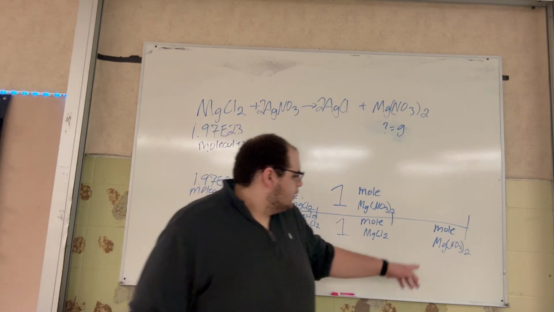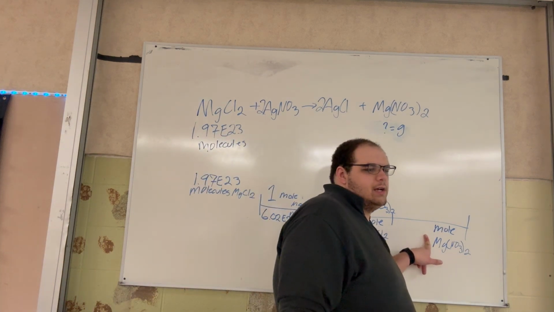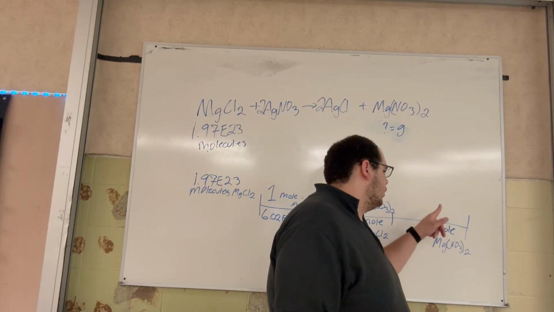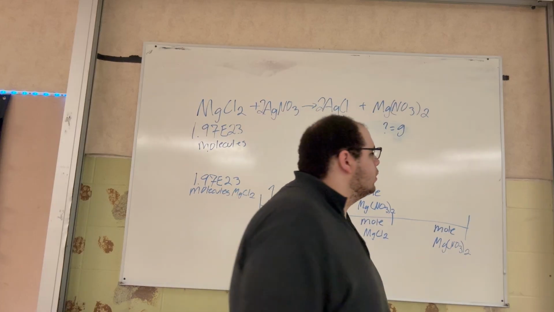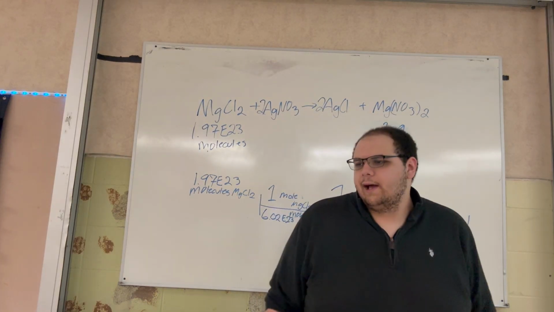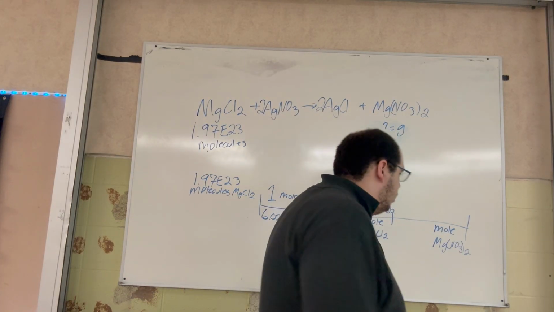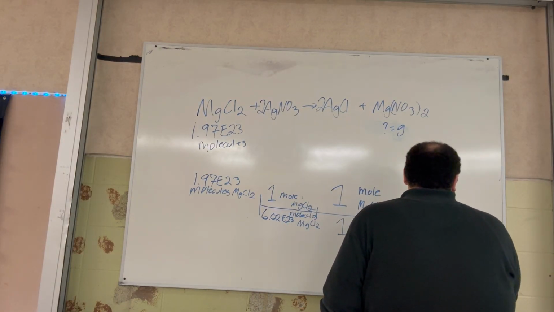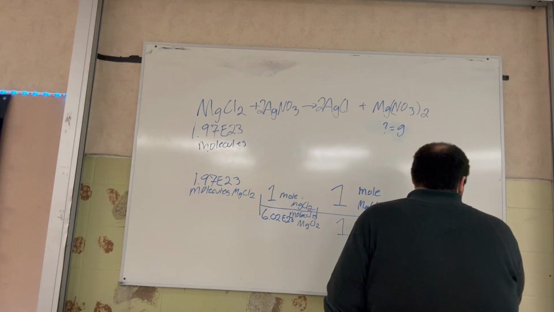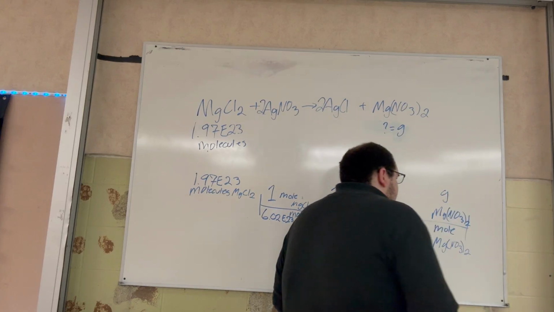If I have moles of magnesium nitrate here, where are we at on our roadmap? What do I need to write on top? Molar mass of unknown. What's the unit for molar mass? Grams. Molar mass just means grams. So we'll have grams of magnesium nitrate.